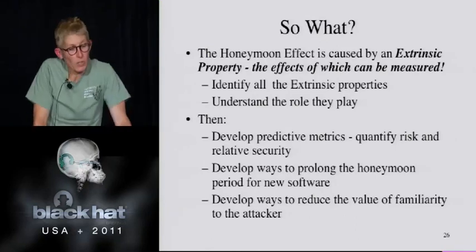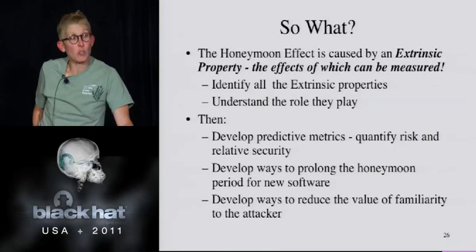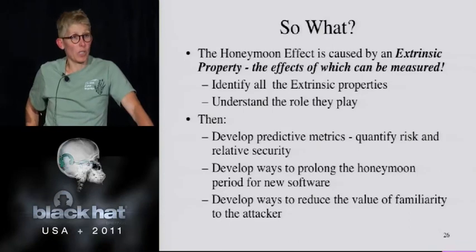So the best thing that we can hope for with existing systems is to make enough changes that we keep the attacker in a perpetual learning curve, make their tools unusable, and this would give all of our code a second honeymoon. Thank you.